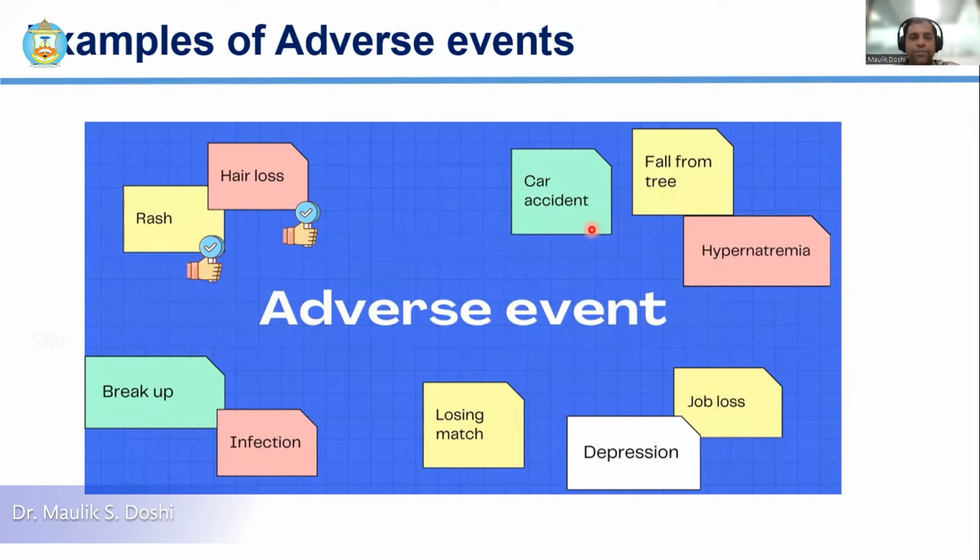Please be very quick, I have very little time. Car accident can be an adverse event, because it may happen that if you are taking some antihistaminic, you will feel sleepy and there is a car accident. Now you don't know at that point of time whether it was because of the drug, but it is something abnormal, something untoward, so you should report it as an adverse event.